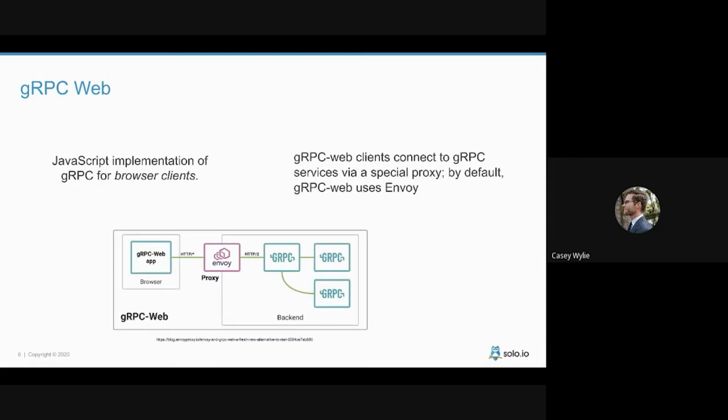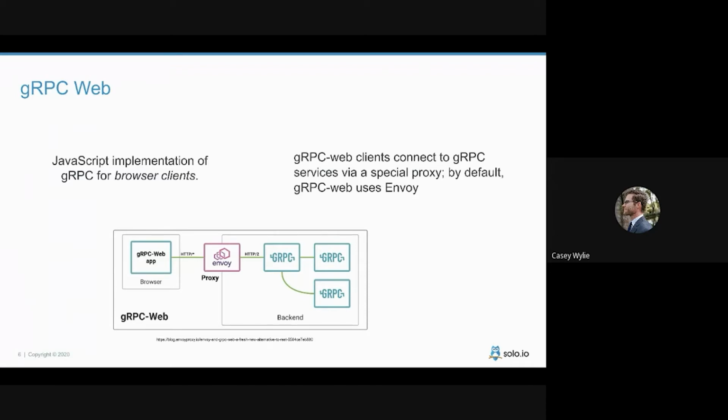So from a very high level, this is what a gRPC web application looks like. You have your gRPC web application that's running in the browser outside of the cluster. In this case you have Envoy, but in our case, we have the Istio ingress gateway. And then from there, the request path is going to go to the backend service that's requested.